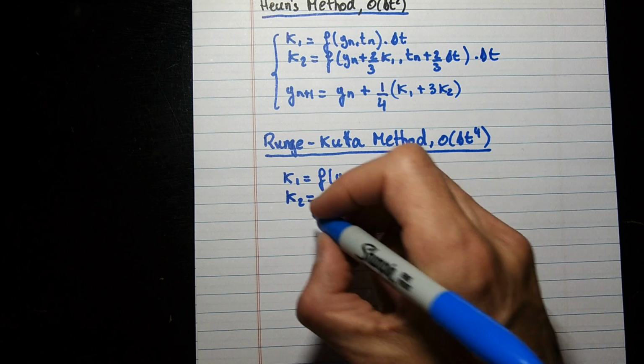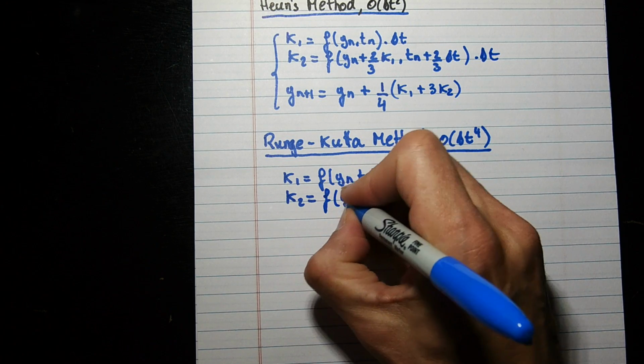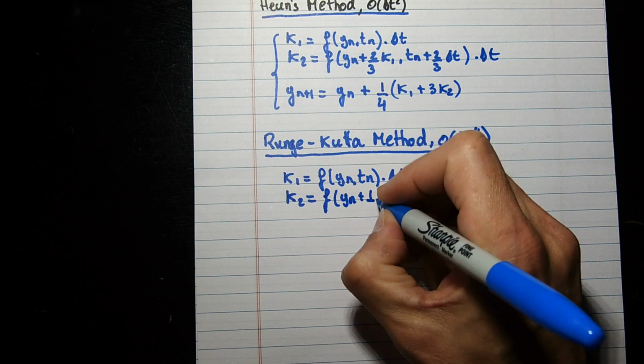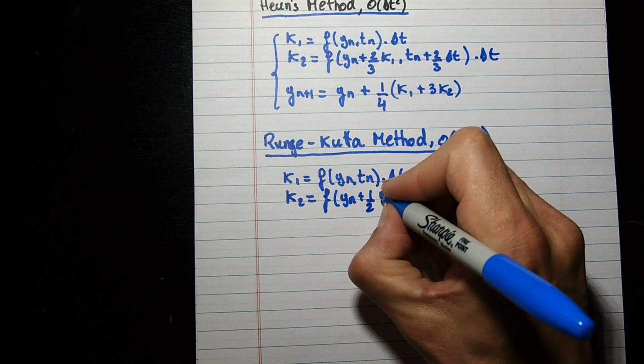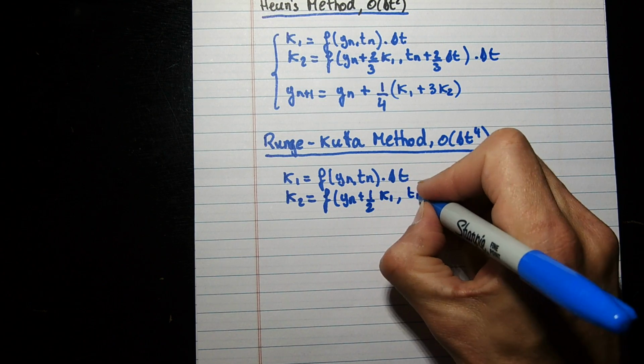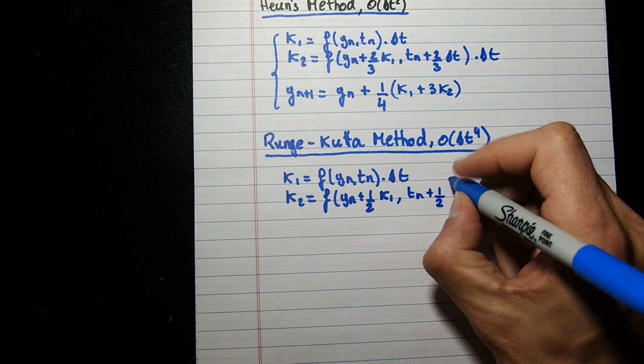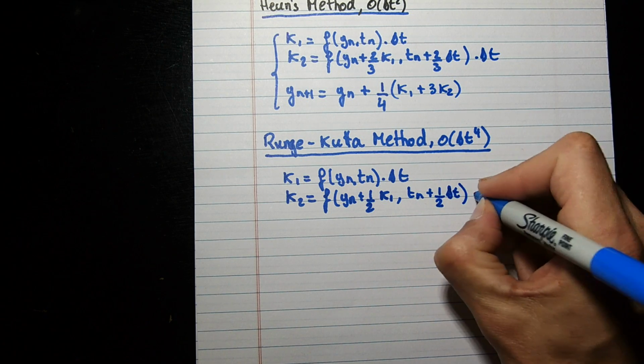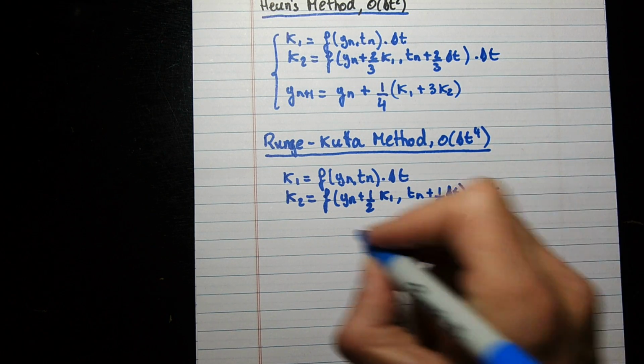So now we produce K2 at the half step, y sub n plus 1/2 K1, and you do that at t sub n plus 1/2 delta t. And let me not forget to multiply here by delta t.